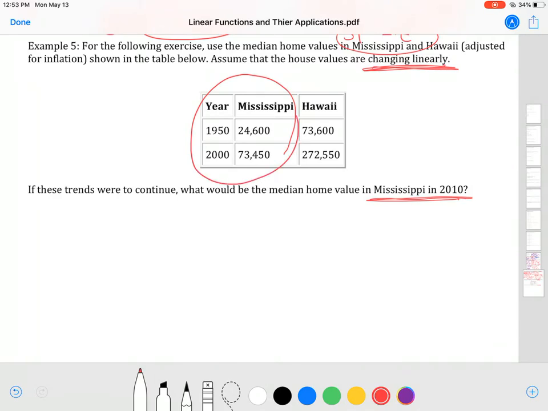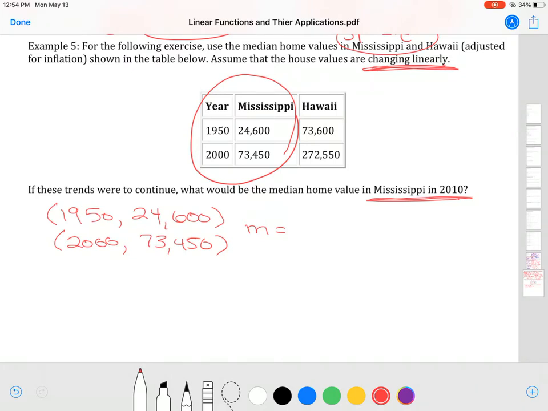So I have the point 1950 and 24,600. And then I also have the point 2000 and 73,450. So these 2 points will help me find my slope. So I'm going to take the change in y over the change in x.